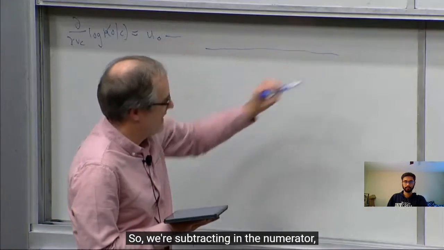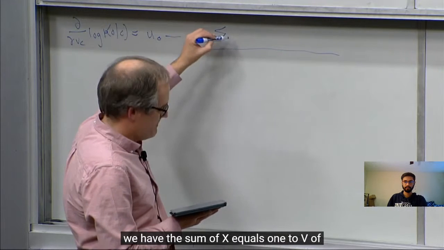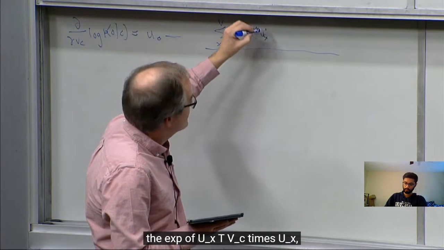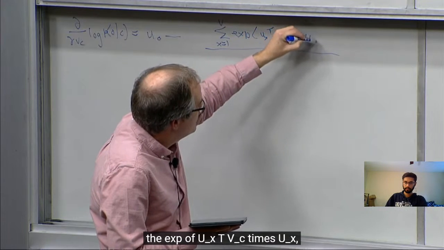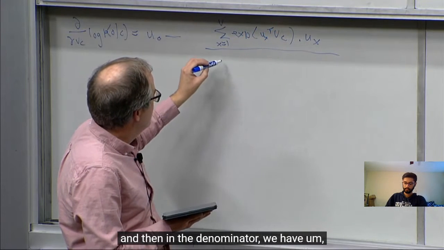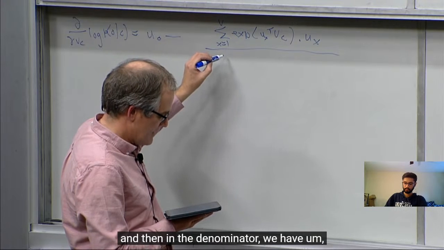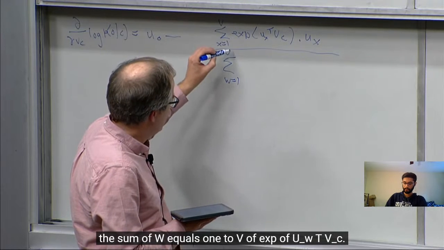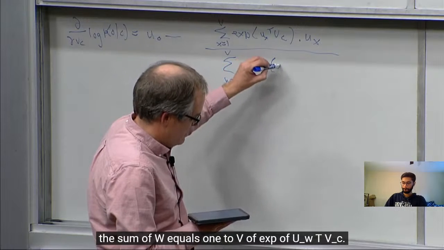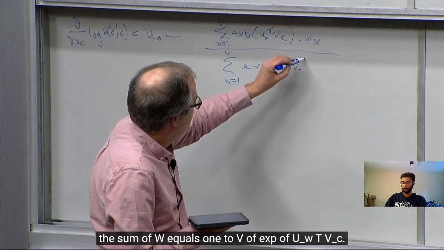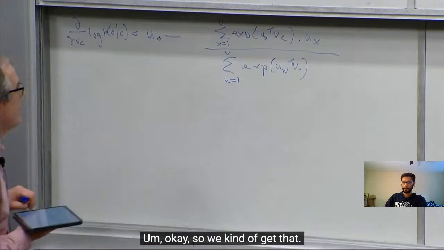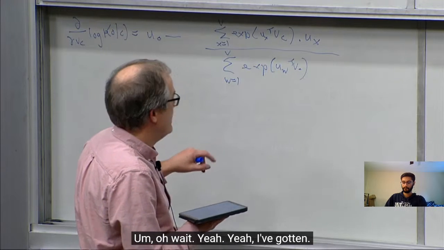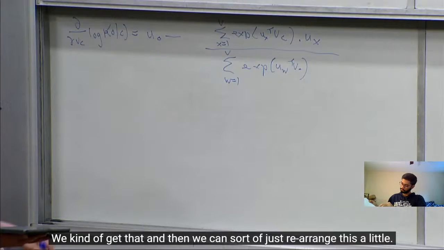So if we are subtracting in the numerator, we have the sum of x equals 1 to V of the exp of u_x^T v_c times u_x. And then in the denominator, we have the sum of w equals 1 to V of exp of u_w^T v_c. Okay, so we kind of get that.